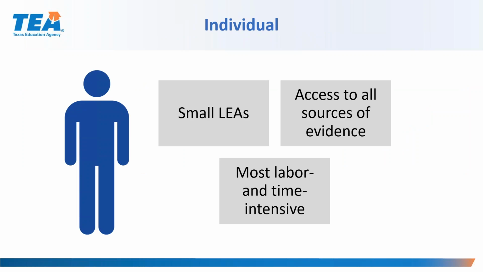The individual model is for small LEAs, those that serve a smaller number of students. The self-assessment committee would probably consist of just 1, maybe 2 persons who have access to all of the sources of evidence. This model is the most labor and time intensive.